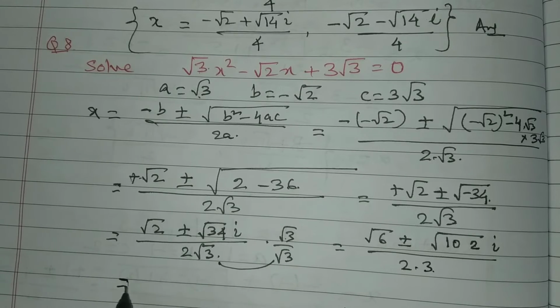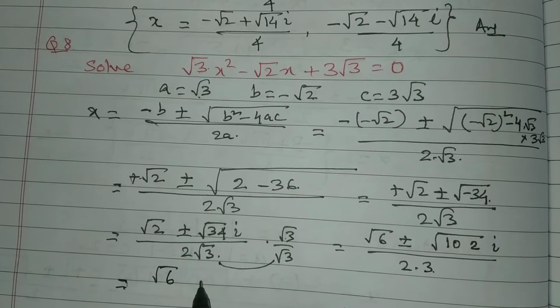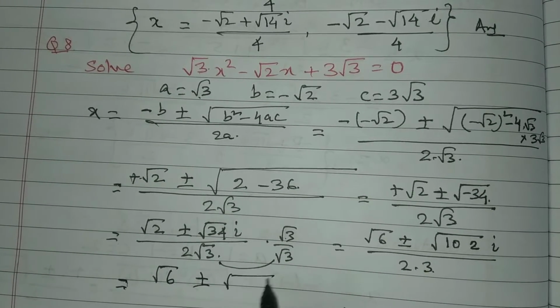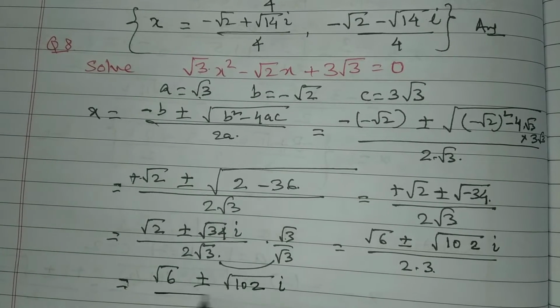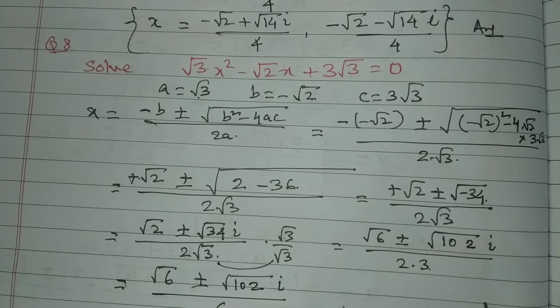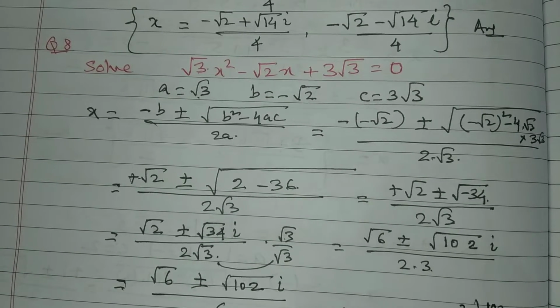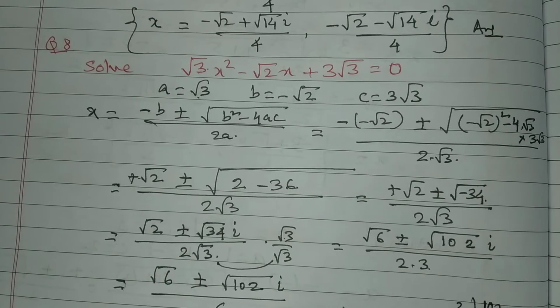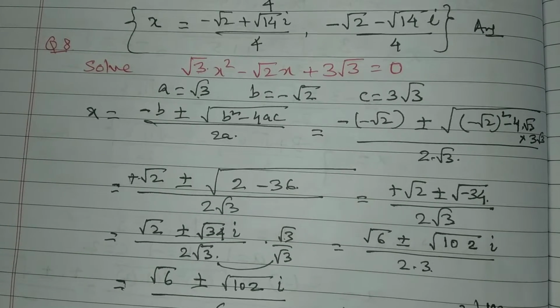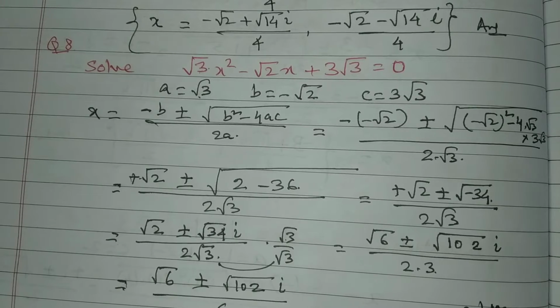So it is root 6 plus minus root 102 i divided by 6. So if we will take the prime factorization of 102, so this is 2 times 3 times 17. So we are not getting 2 times any number.